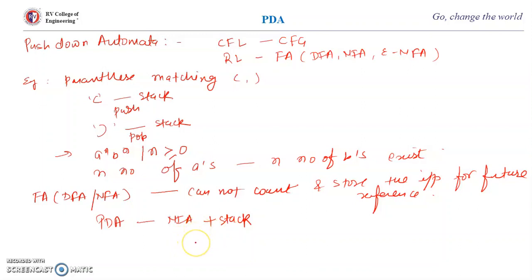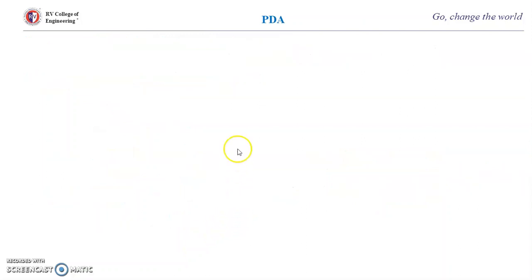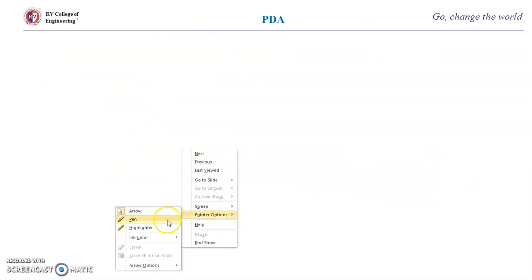Now how will the transition be for PDA? If I say NFA or DFA, the transition function delta will have two parameters: the current state of the machine, and the input alphabet, and the output will be the next state of the machine.